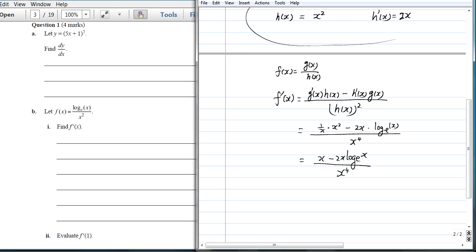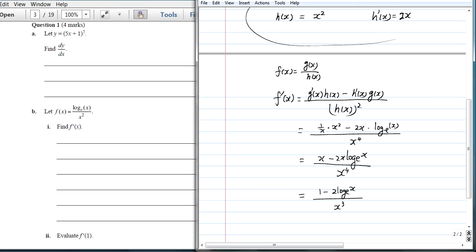All the terms in the numerator and the denominator have the common factor x, so we can simplify further. It becomes 1 minus 2 log x to the base e, over x to the power of 3. So that's the derivative of this function f(x).